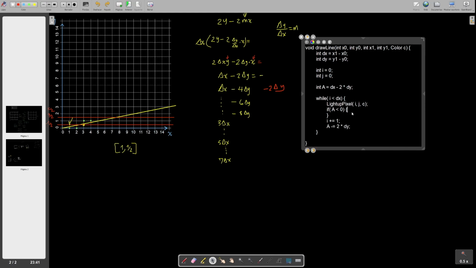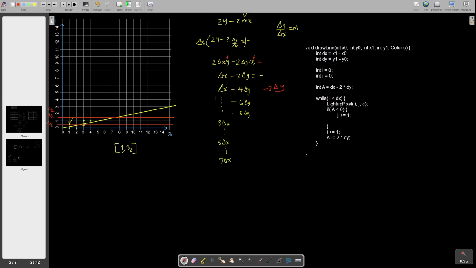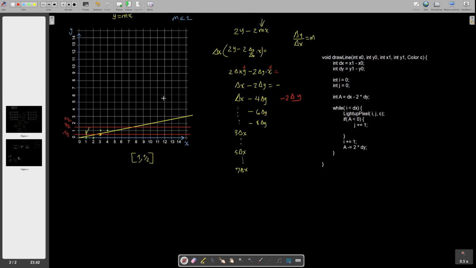Whenever this is less than 0, that means that my line is above, and in the next iteration it needs to increase its y value, because it will be closer to the next y than to the current one. And if I increase y, remember that I also have to, for the next iteration, increase the reference middle point, which is going to be reflected here.